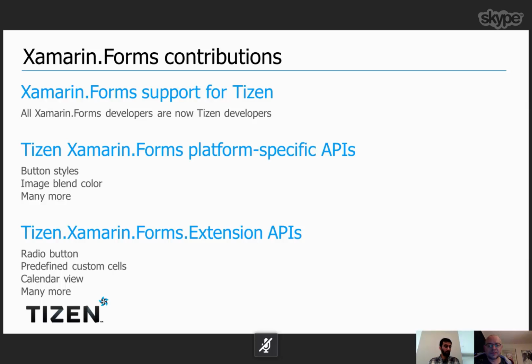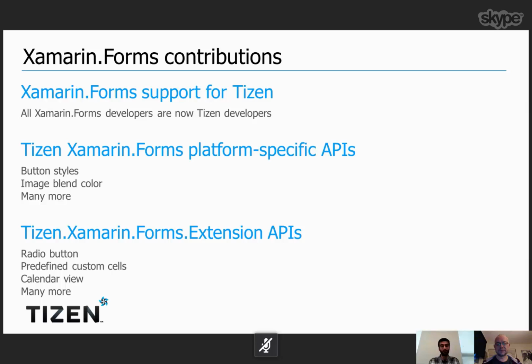These are basically new controls such as radio buttons or predefined custom cells or a calendar view. Basically, the Tizen native APIs have a rich set of UI components, and we've received a lot of feedback since Preview 1 with developers asking for .NET support for some of these components.